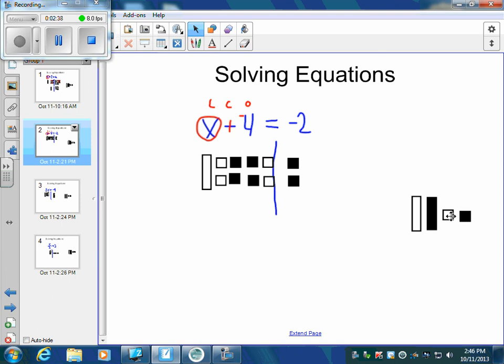And whatever I do to one side, I have to do to the other. So I need 4 positives. A positive and a negative cancel. They create a 0.